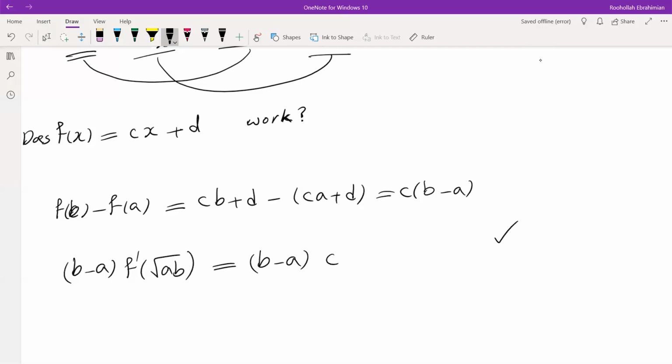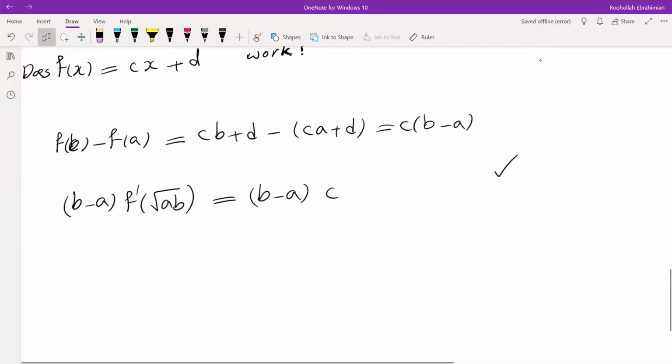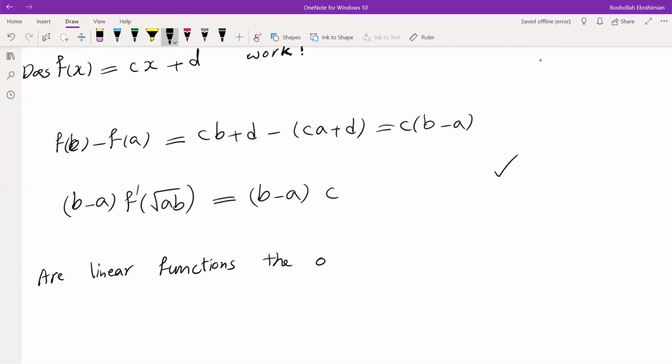But the big question here is, are these the only solutions? So are linear functions the only possible solutions?